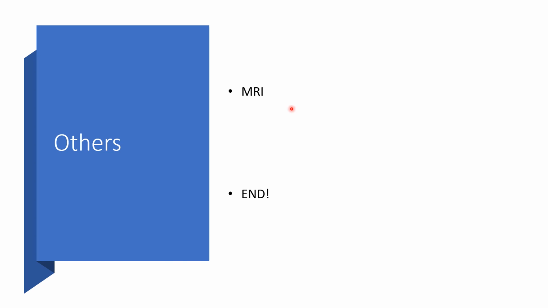And lastly, magnetic resonance imaging. This will be helpful to rule out certain complications like vertebral osteomyelitis. Remember, if vertebral osteomyelitis is involved, the individual will be on antibiotics for a very long period.